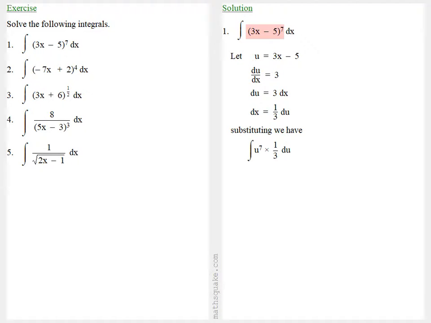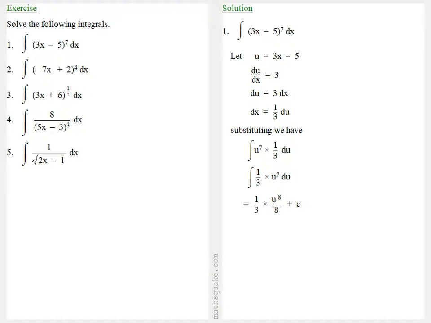The (3x minus 5) all to the power 7 becomes u to the 7, and the dx becomes 1/3 du. So we need to integrate 1/3 times u to the 7 du. Now when we integrate u to the 7, that becomes u to the 8 over 8.